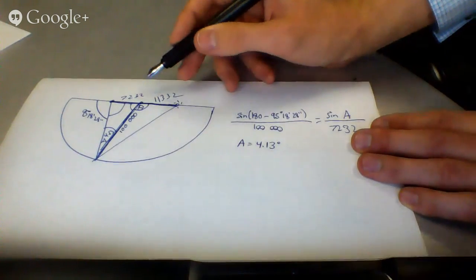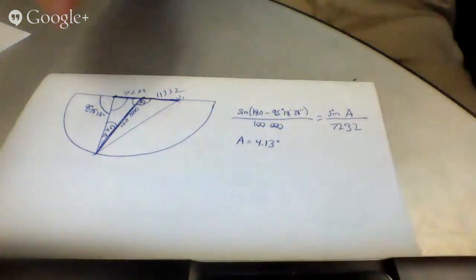Let me just do these subtractions here on the computer and get what B is and tell you what that comes out to. So we got 180 minus the 95 degrees there minus that 4 degrees thing there. Okay. So I'm just going to draw the one triangle by itself.